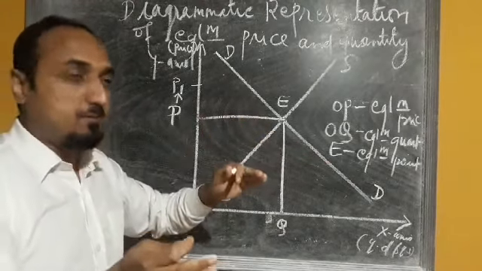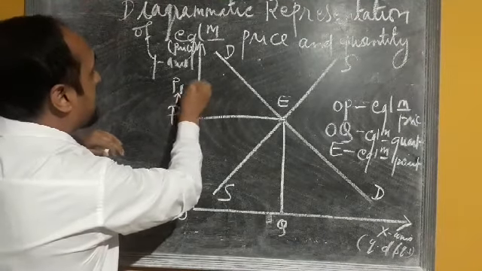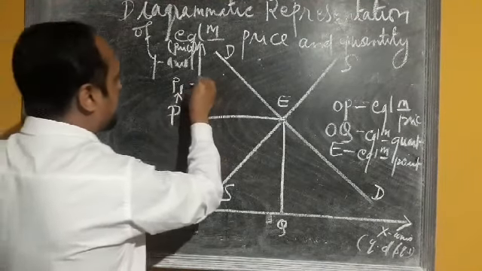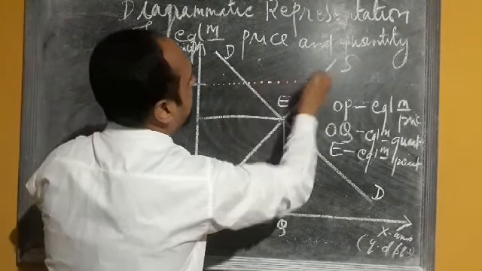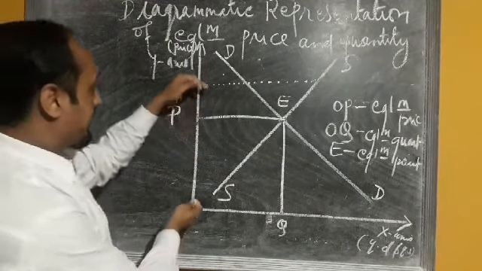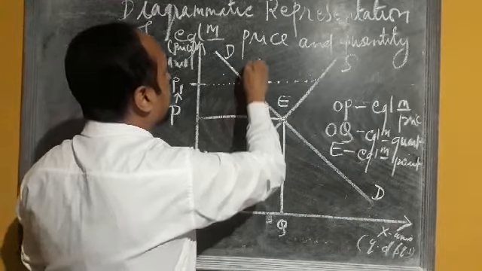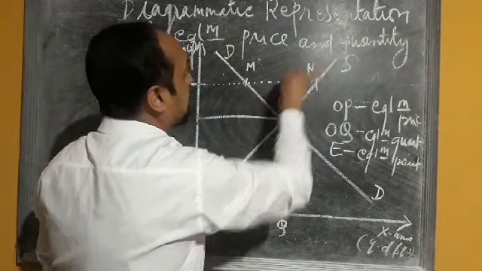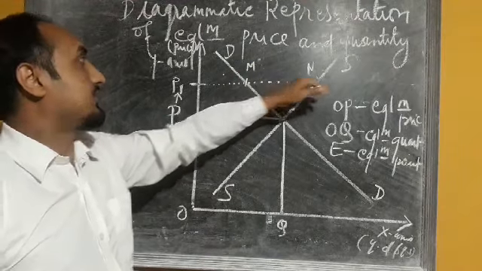At this price OP1, I will draw this dotted line. Let's name this point M and this one N.